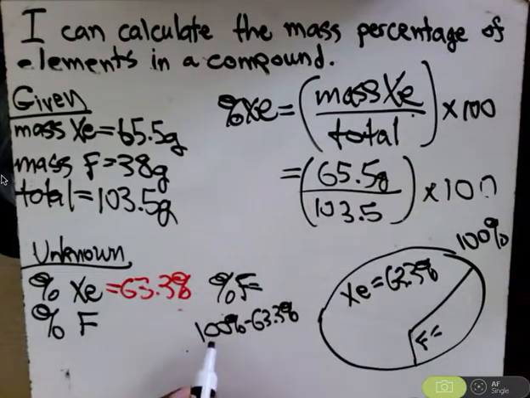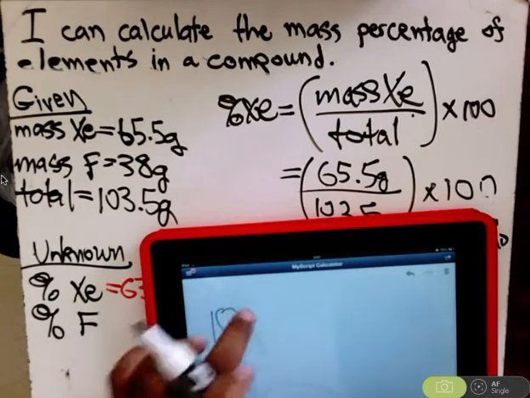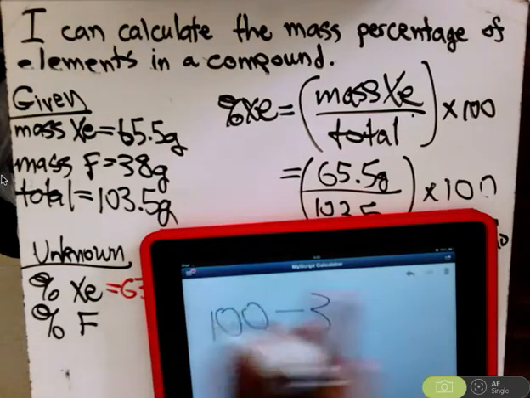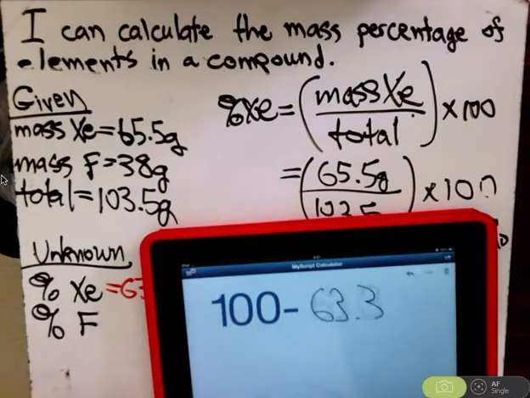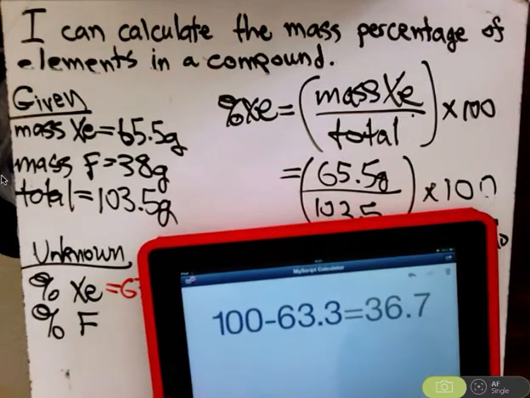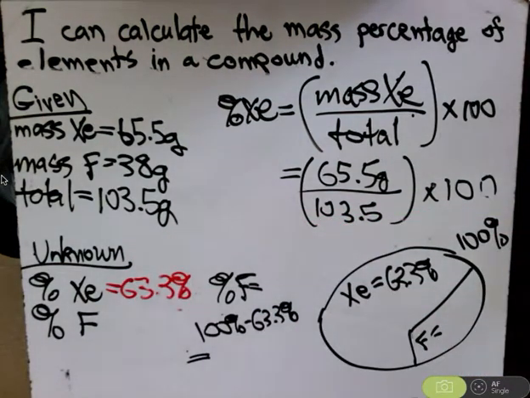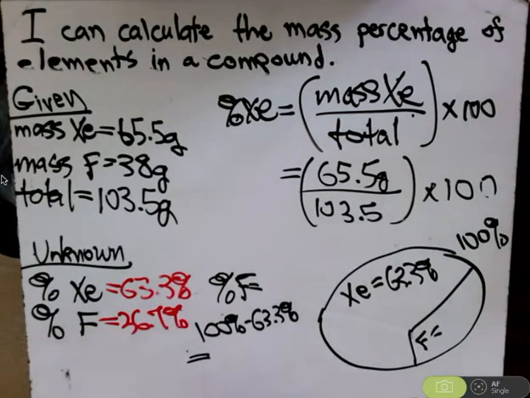And when I do that, 100 minus 63.3%, I get the same number, 36.7%. And my percent of fluorine is 36.7%. And that's how you solve that type of problem.